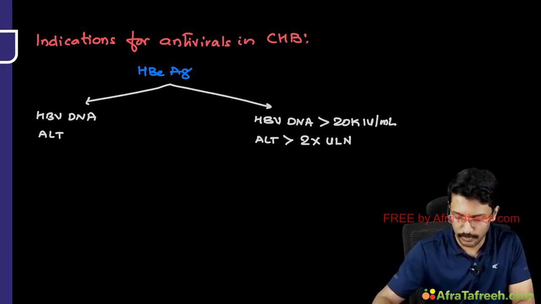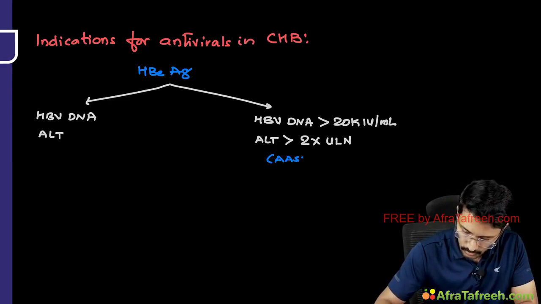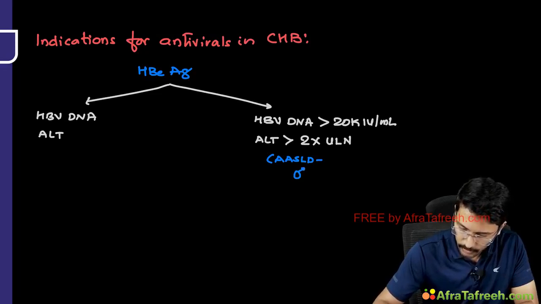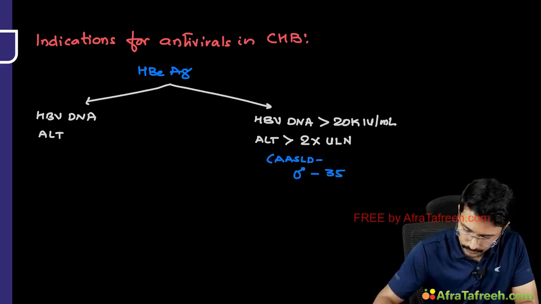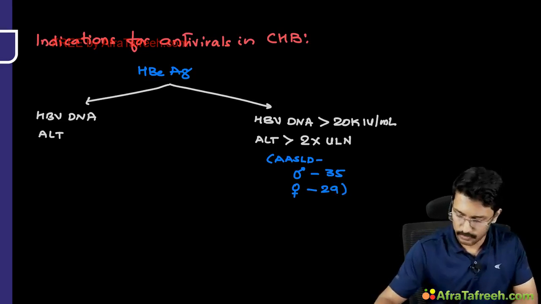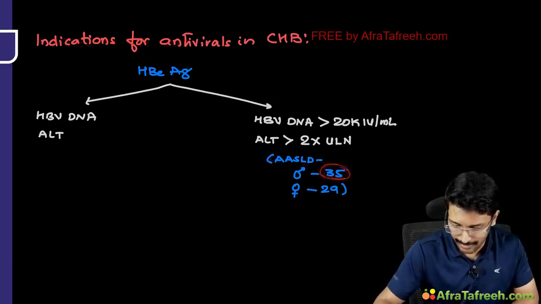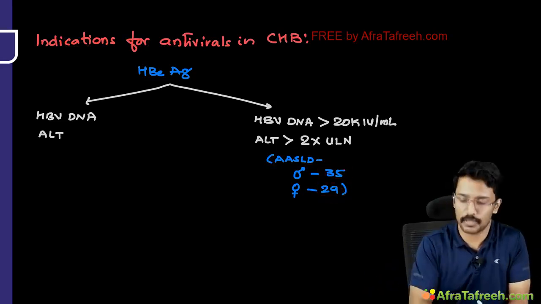I'll tell you what the upper limit of normal is. According to the American Association for the Study of Liver Diseases, for a male the upper limit of normal for ALT is 35, and for a female it is 29. Now, various guidelines quote various numbers, but because AASLD guidelines are the most commonly followed guidelines for management, it's better to remember these numbers.